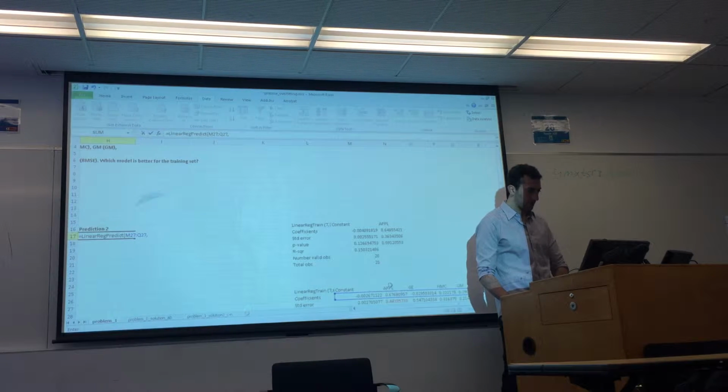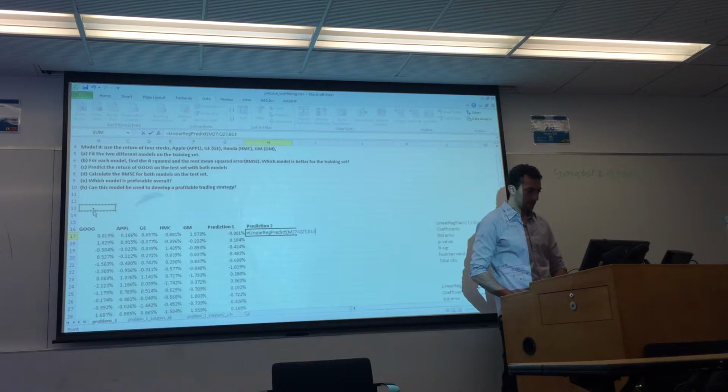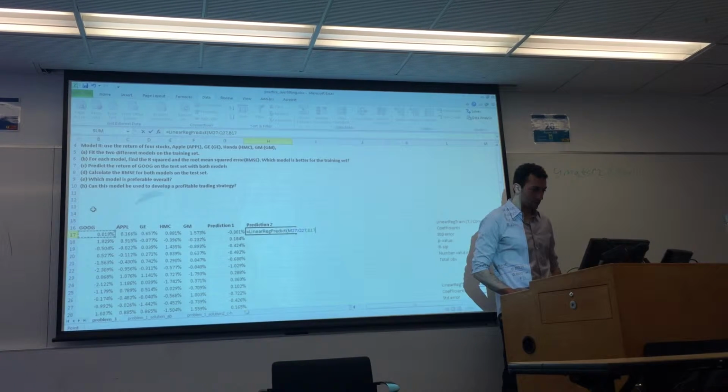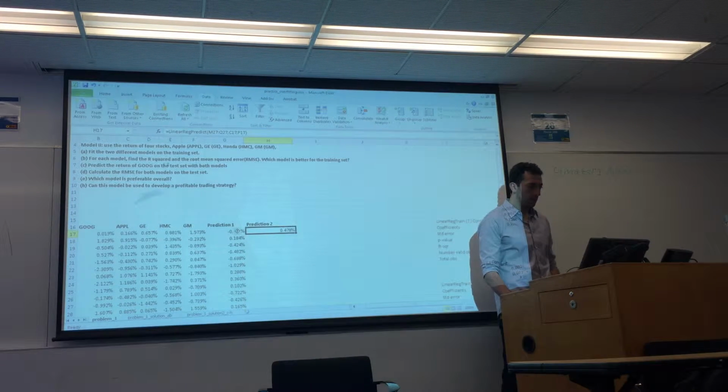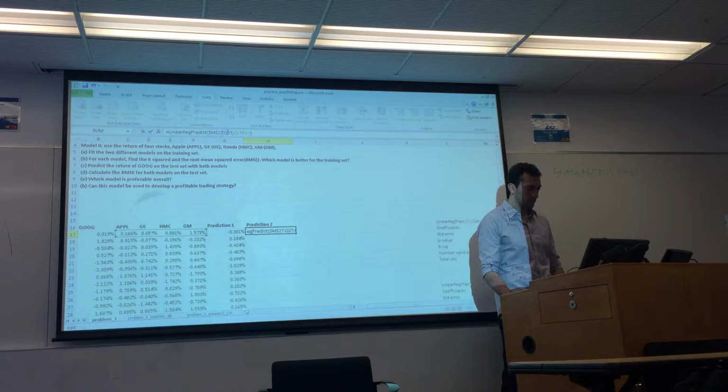And the second variable, use the return of the free space. Again, I will lock the model.